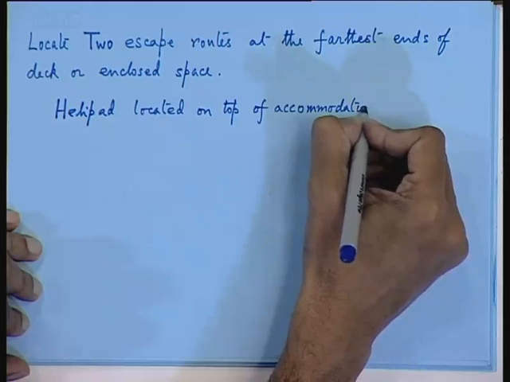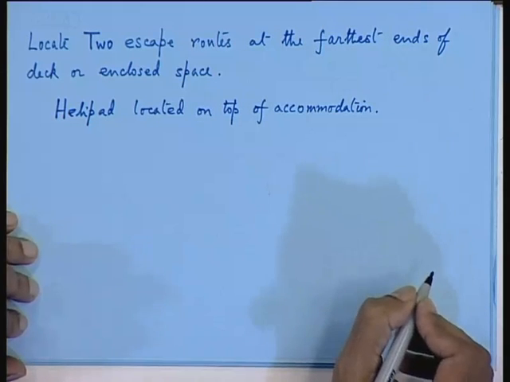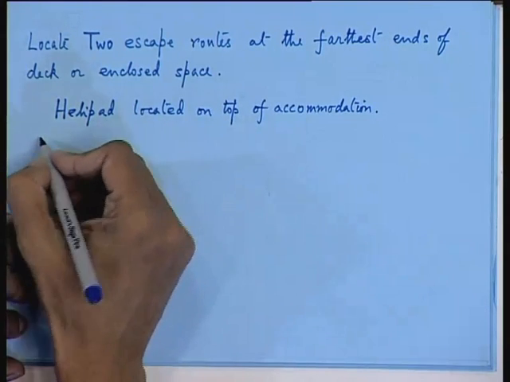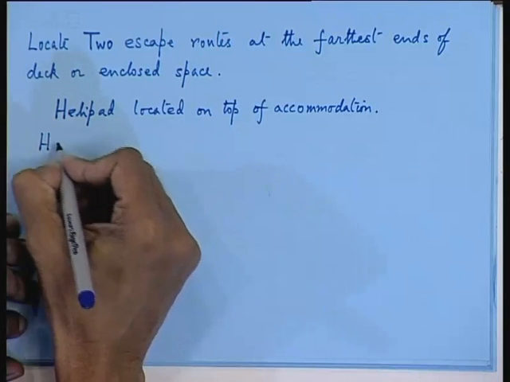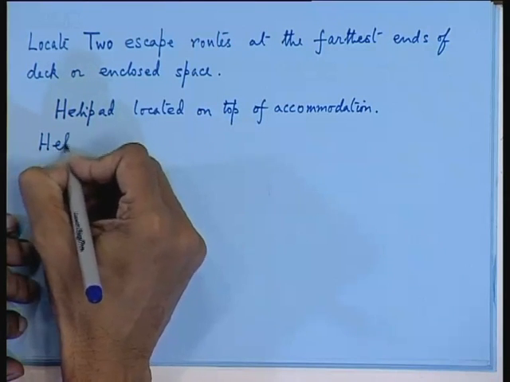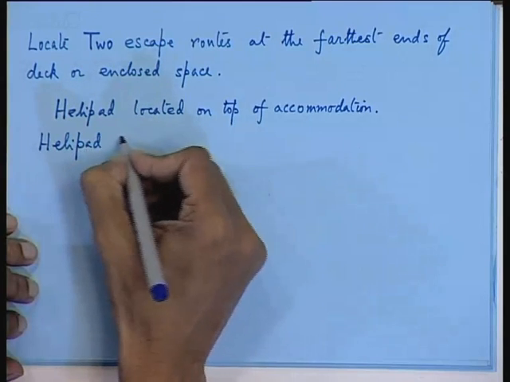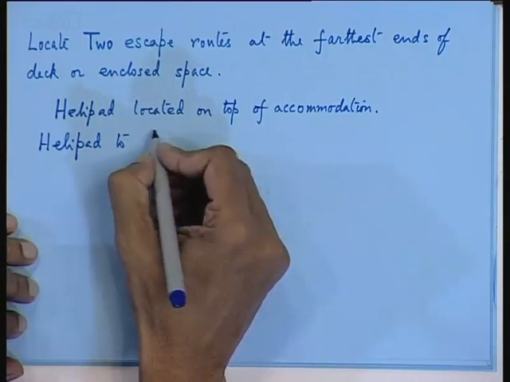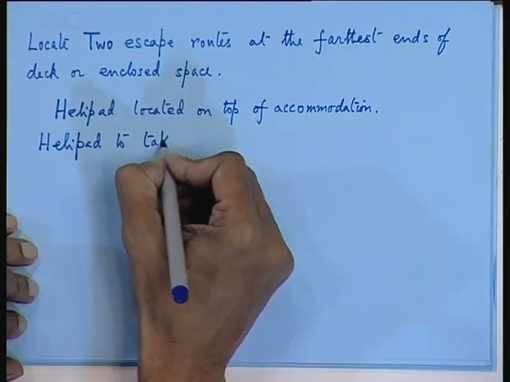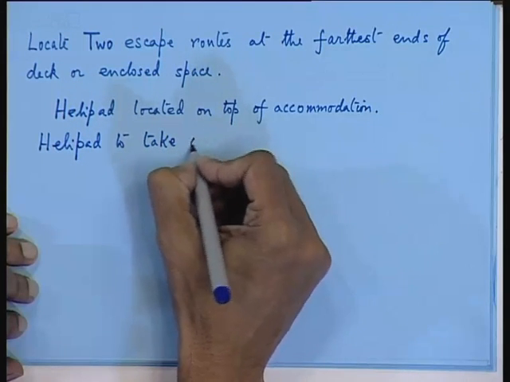Now, how are you going to design a helipad? A helipad is going to be designed, of course, with the weight of the helicopter, isn't it? And another consideration, to take the copter load.